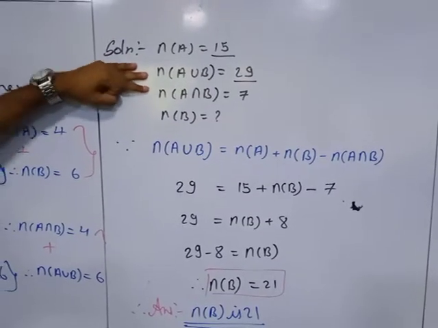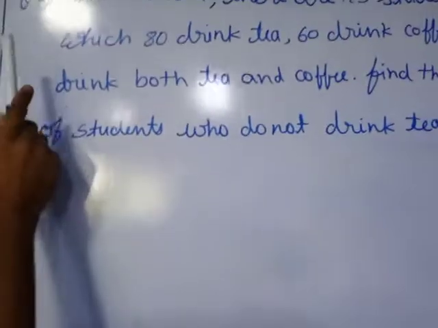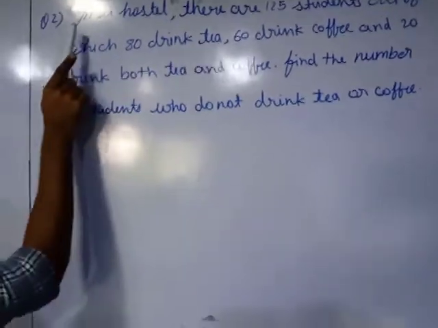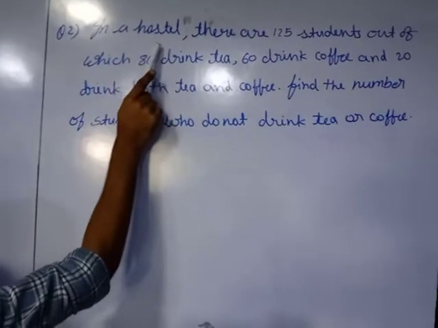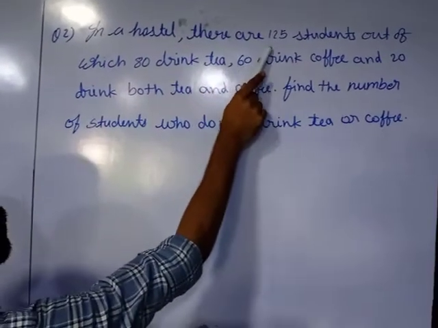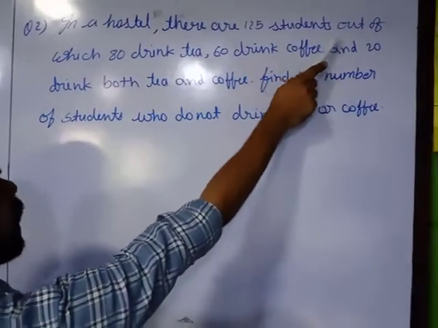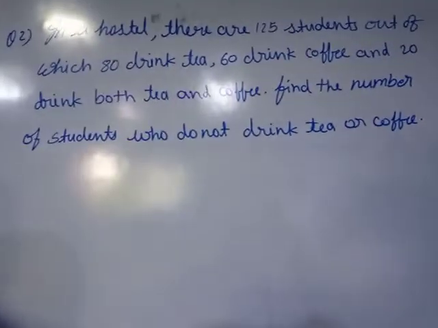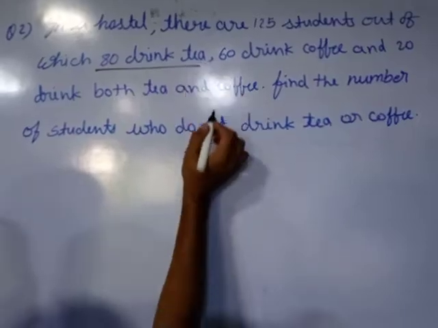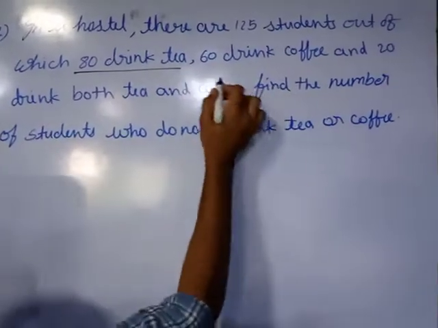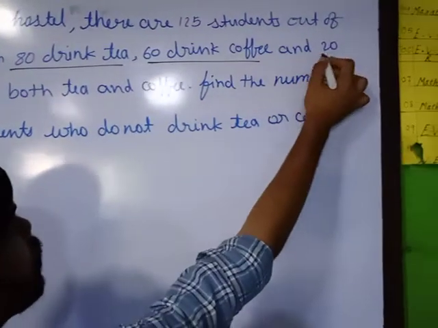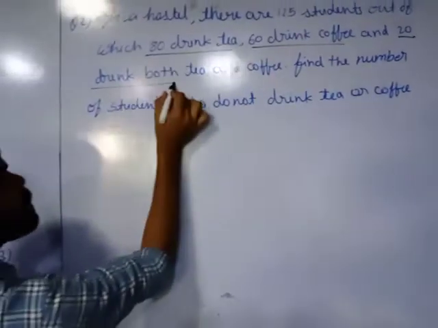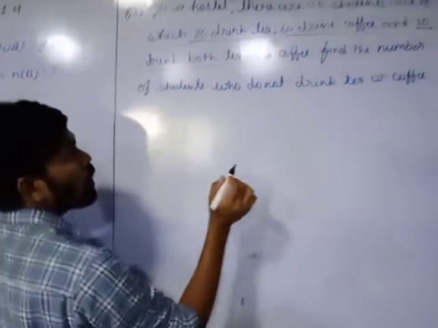Got it? Next, move ahead to question number 2. Question number 2 is: in a hostel there are 125 students, out of which 80 drink tea, 60 drink coffee, and 20 drink both tea and coffee.